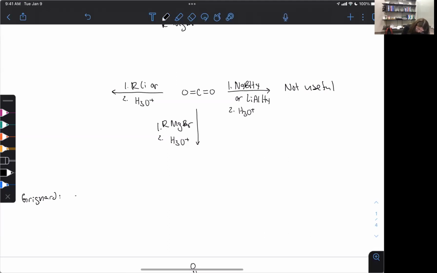So if I've got MgBr, I can just attack that like a regular electrophile, a regular carbonyl. We're going to go here, push electrons up onto one of the oxygens. So what that gets me is a carboxylate anion, okay?